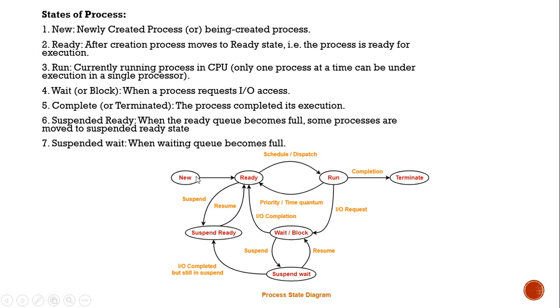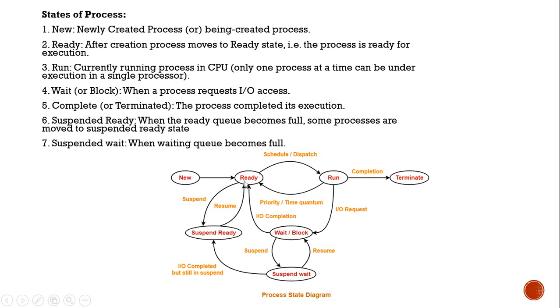Then once this process is ready for the execution, the process will move to the ready state. So at the new state we have many processes, because many processes can be created at a time.